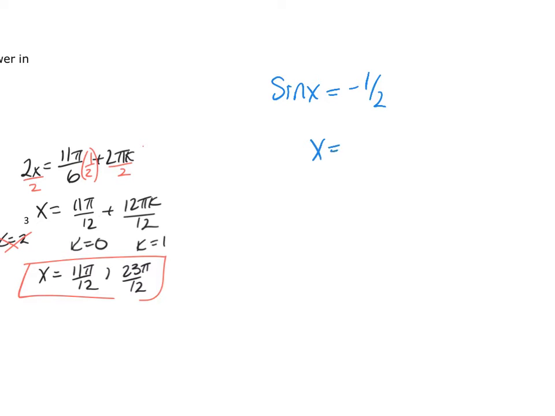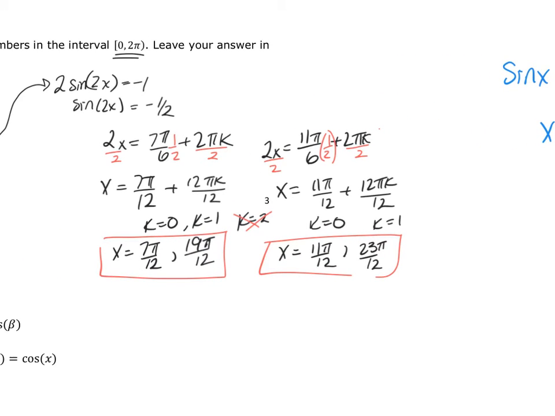Then I don't have to do this plus 2 pi k business. The answer is simply 7 pi over 6, 11 pi over 6. That's because my angle is singular. It doesn't have anything else attached to it. It has a coefficient of 1. So that's all you have to do. But because this one did have a 2 on it, I do have to do that extra step of doing plus 2 pi k and then doing the divisions out.